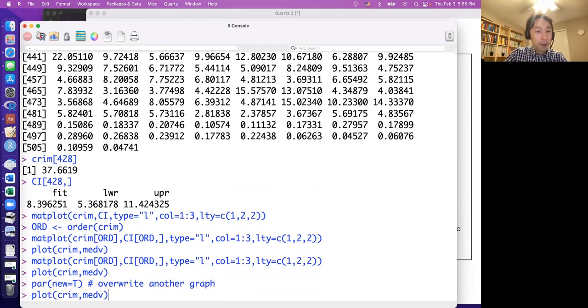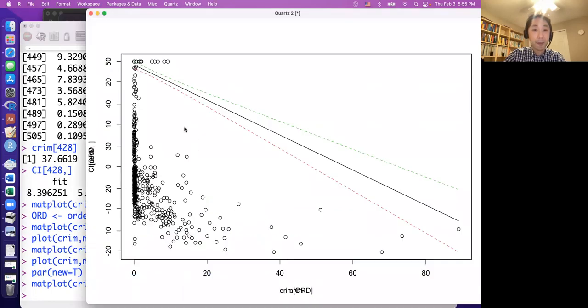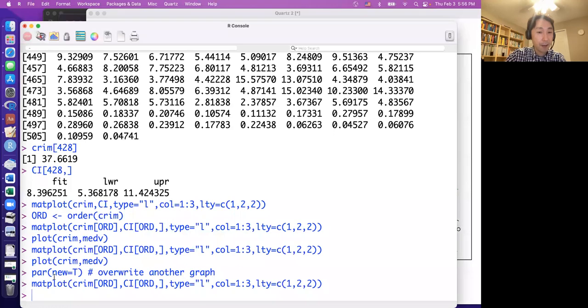Then matplot, but probably it still does not work because the scales are different. You can see that the scale should be maybe 0 to 100 or something, but here we have different scales. You can see 0, 30, 10, 40, 20. So basically we put different scales on the same axis, so we have to have the same scale.